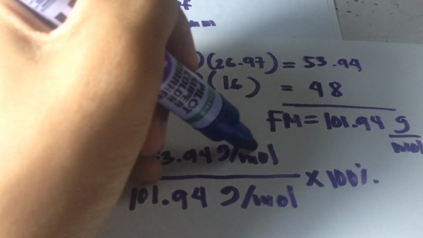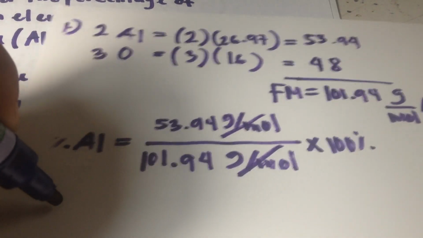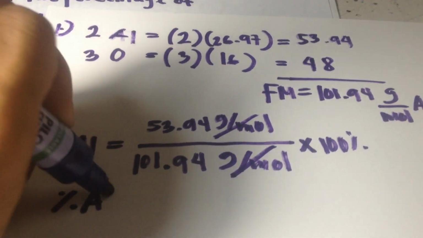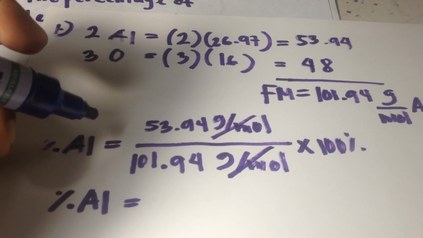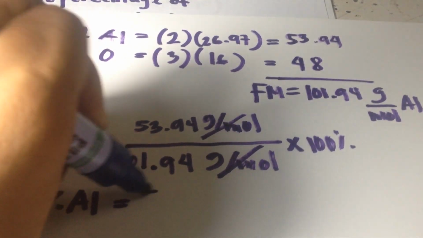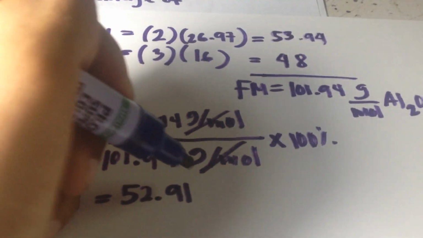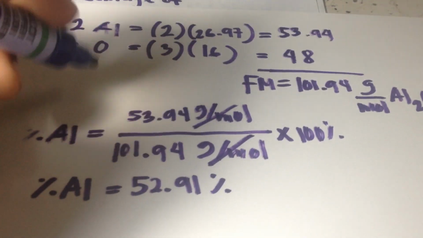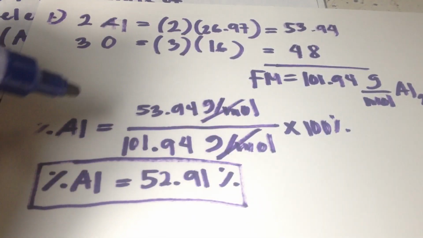So you need to cancel out grams per mole. What is left is percent. So percent of aluminum is equal to 53.94 over 101.94 times 100%, which equals 52.91%. Okay, and that is the answer, the percent of aluminum.